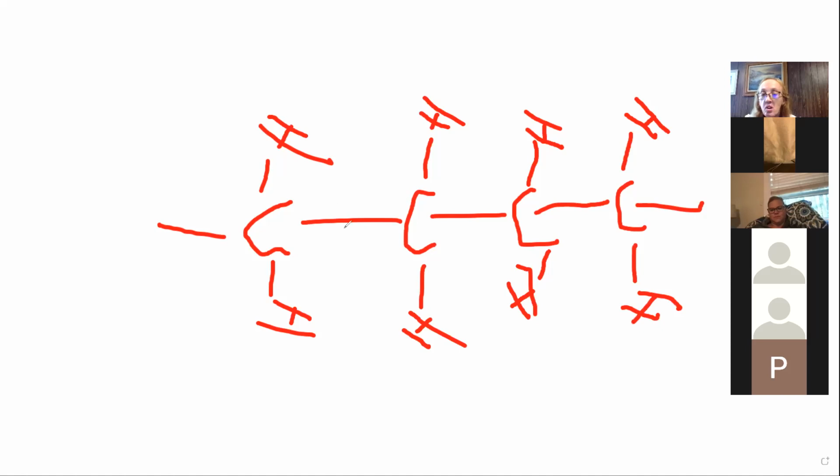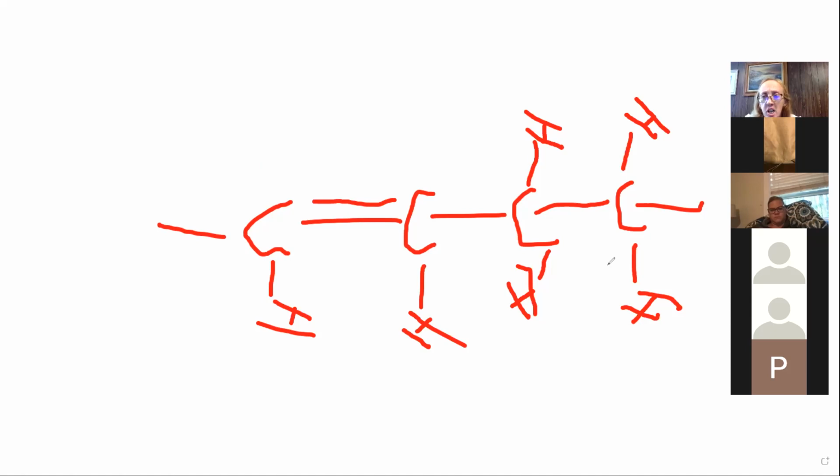Now, if along the whole fatty acid tail it looks like this, where each carbon is bound to 2 carbons and 2 hydrogens along the whole fatty acid chain, that means it's saturated. If instead of this structure, so this is saturated, we have this structure, it's unsaturated.